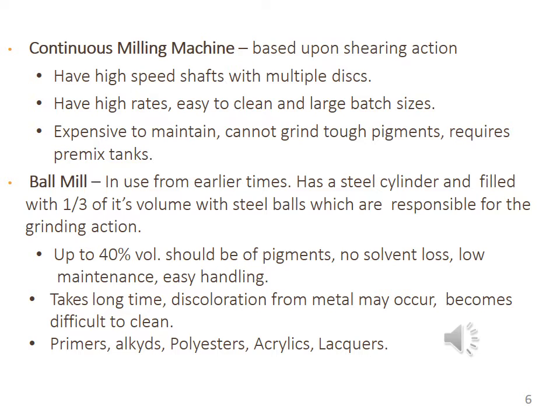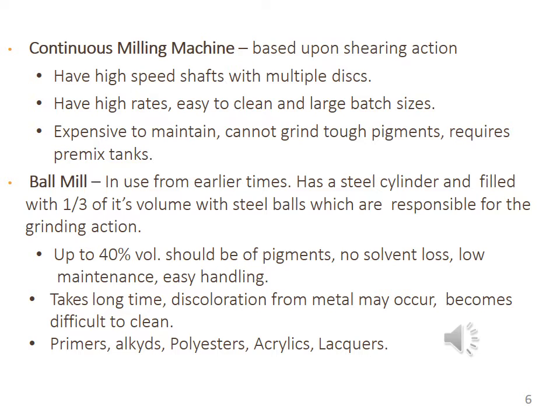So what are ball mills and what are their roles? Ball mills were used in earlier times, so these machines were used a long time ago. What are the features of these machines?